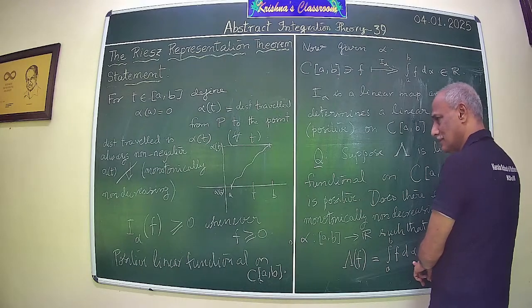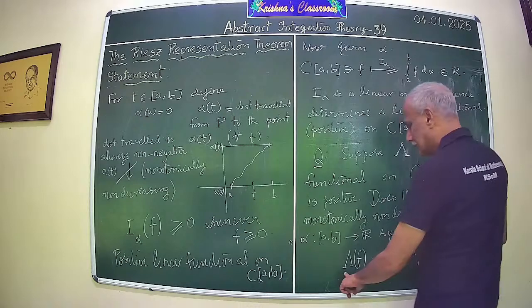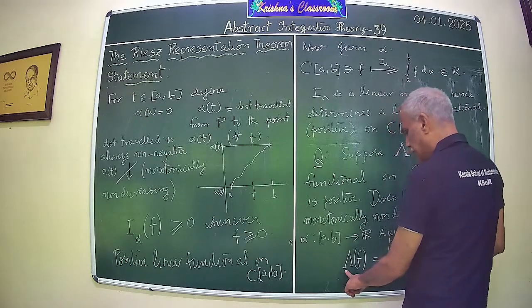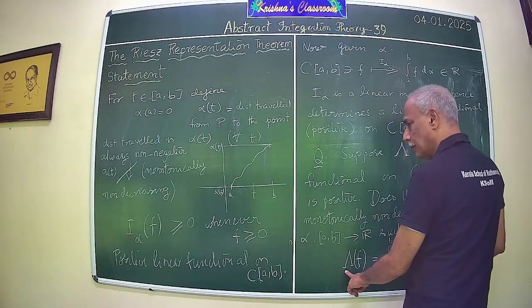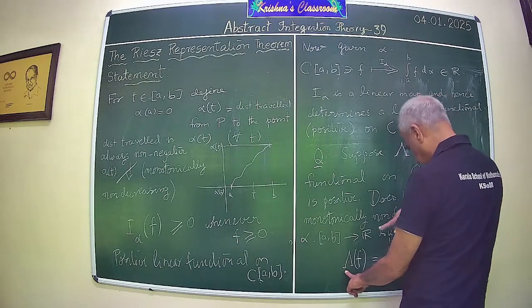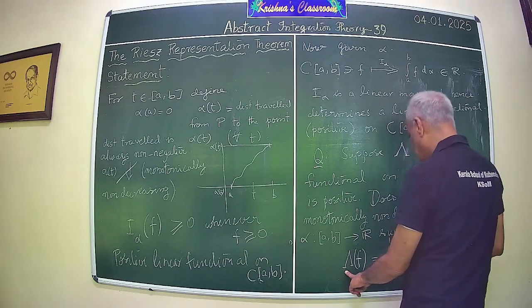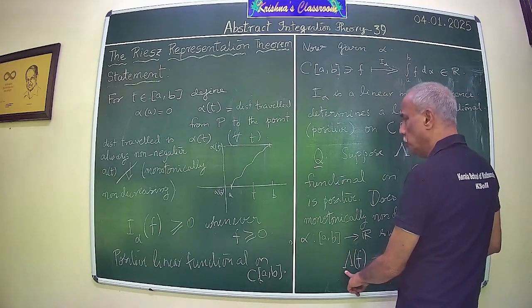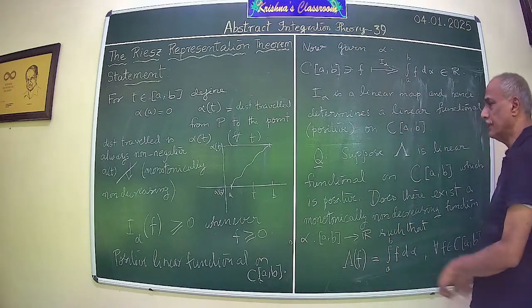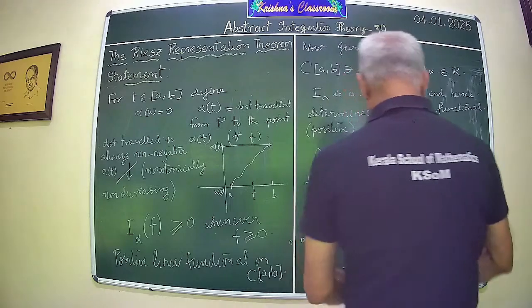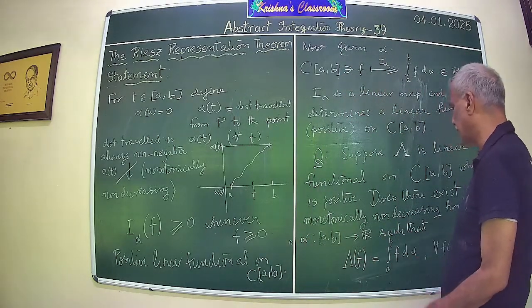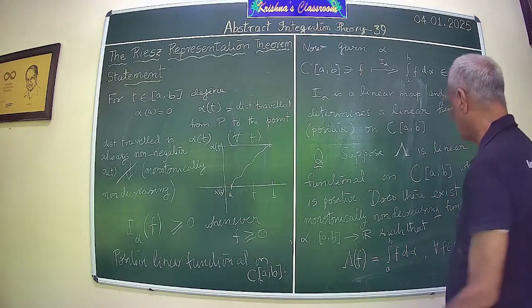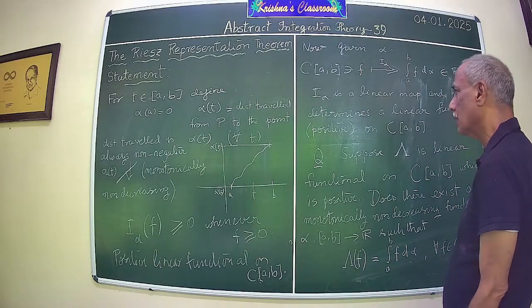So we are asking the inverse question, namely, does the linear functional which has the non-negativity property or the positivity property determine a new measure on the interval [a,b] given by alpha such that lambda f is written as the integral from a to b of f d alpha?